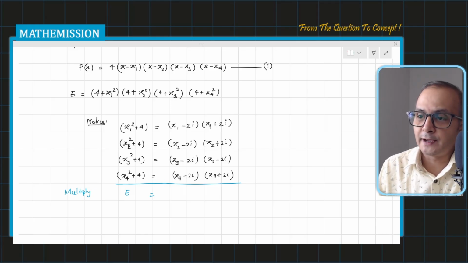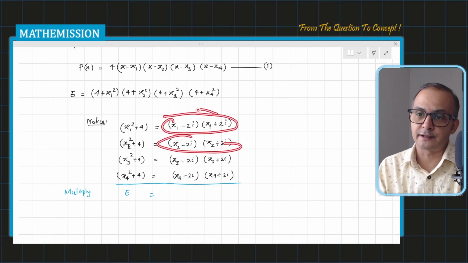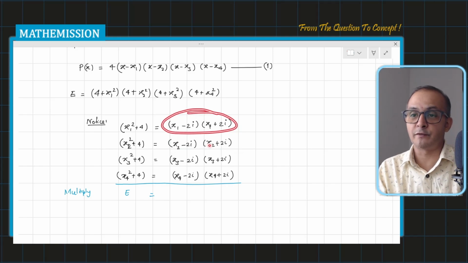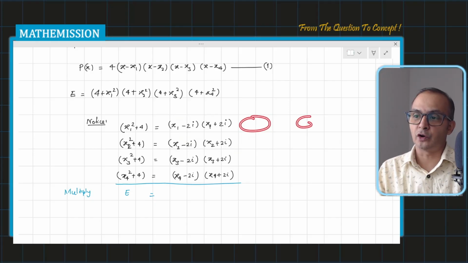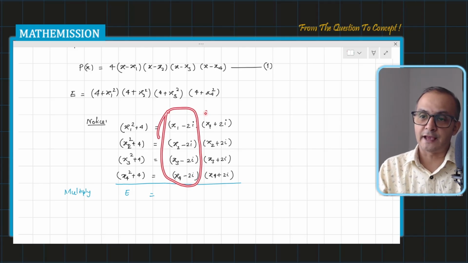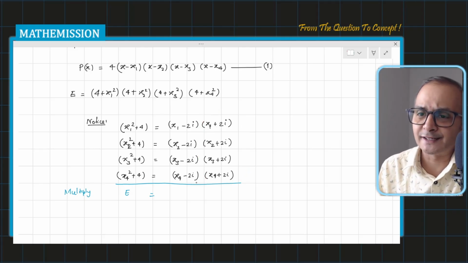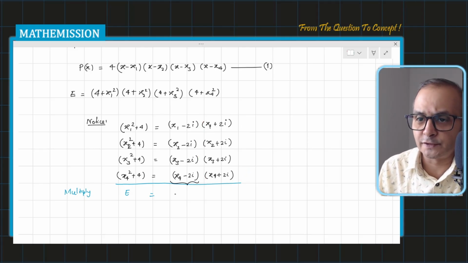Either you multiply them horizontally and stack them one after other, or you can do these 4 multiplications first, and then you do the second 4. So I'm writing the product of the first 4 as product 1 and the second as product 2.